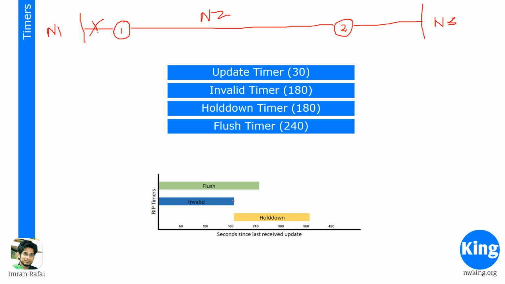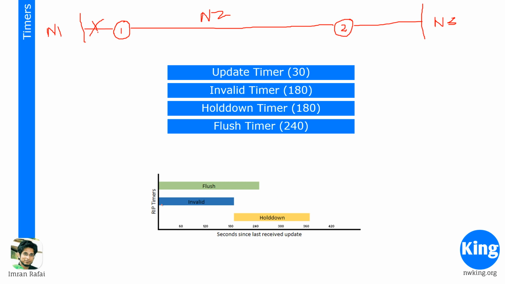In that period, if it gets an update about network 1 from router 1 or another router from somewhere else, it resets that invalid timer and starts counting the update timer again, right?